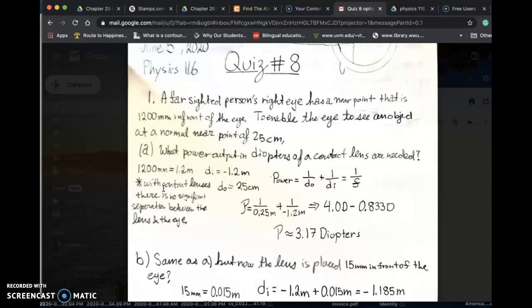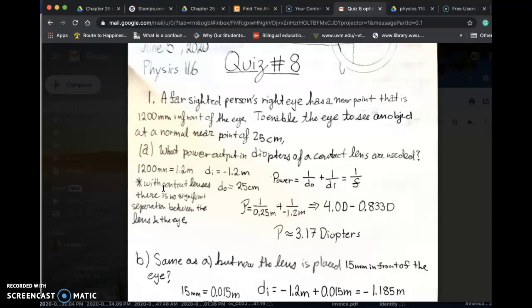Since it's farsighted, we have to remember that the DI is a negative value. When you're farsighted, you're able to see something far away, but you have trouble seeing things close by.